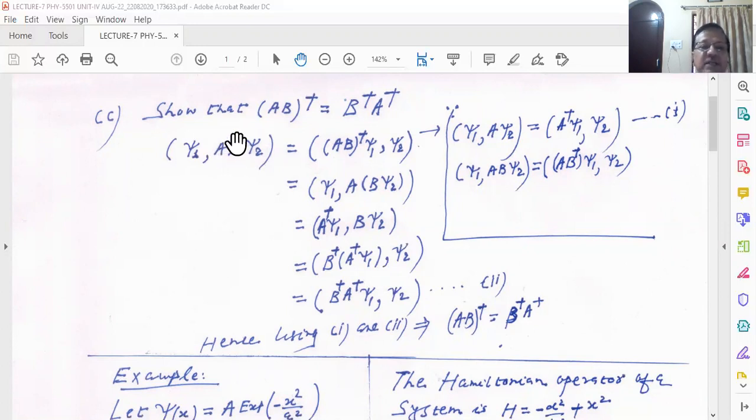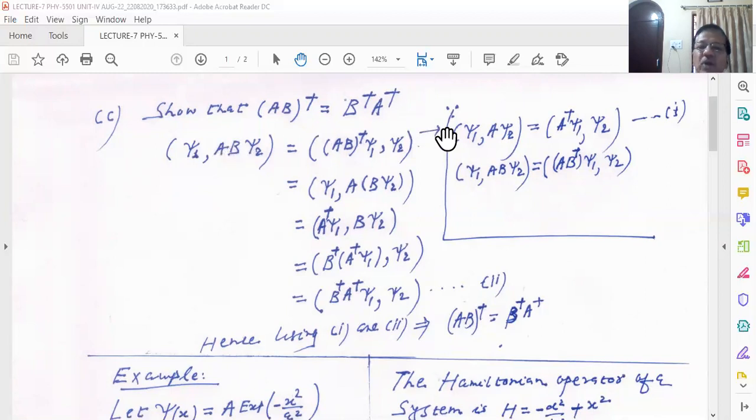Now A is a Hermitian operator, B is a Hermitian operator, so the product is also a Hermitian operator provided A commutes with B. So you have to consider this condition: operators A and B are Hermitian operators, and they are commuting with each other.